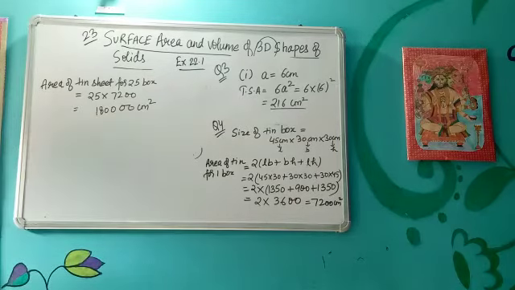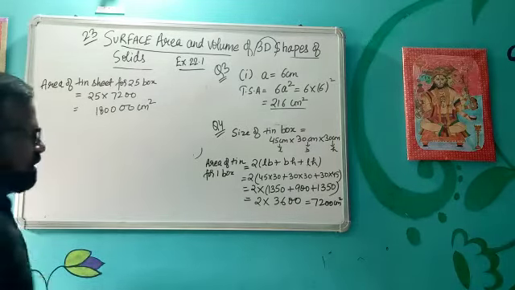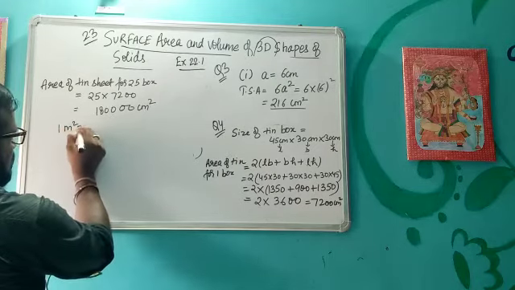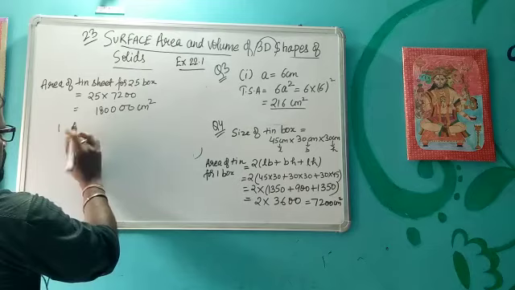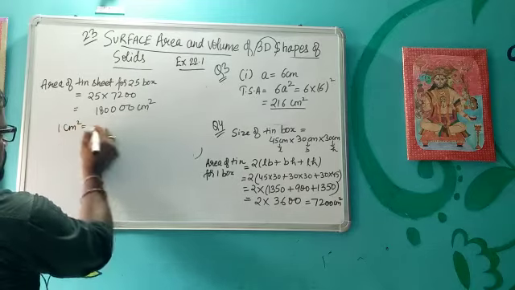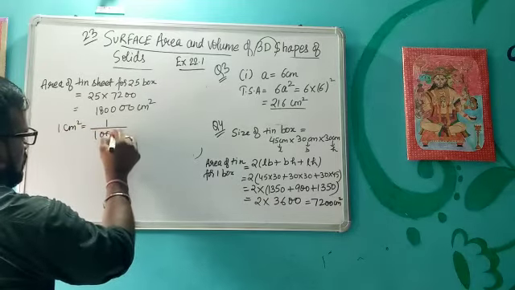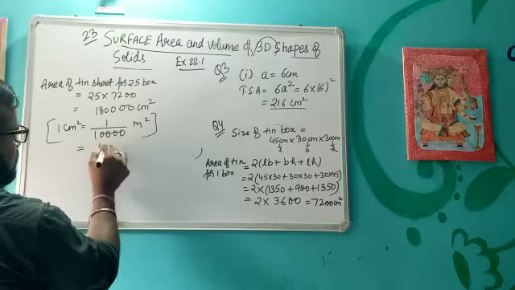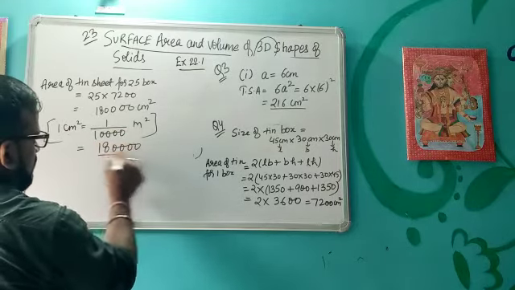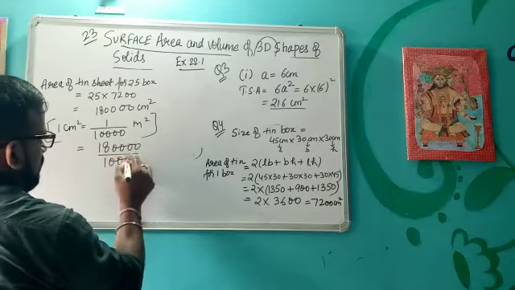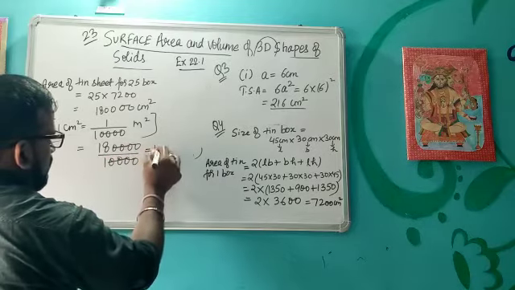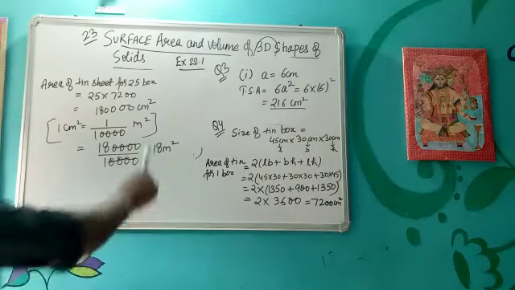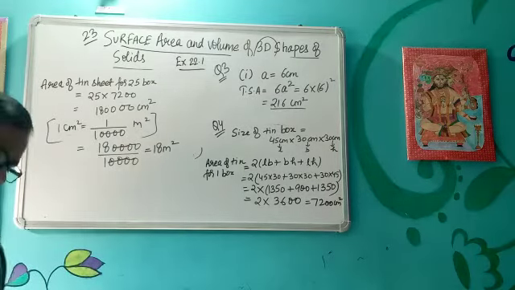Now if you wish to convert it into meter square, we know that 1 centimeter square is equal to 1 upon 10,000 meter square. So we will use this relation and multiply it by 1 upon 10,000. So your answer will be 18 meter square. If you wish to convert this into meter square, you can convert it.